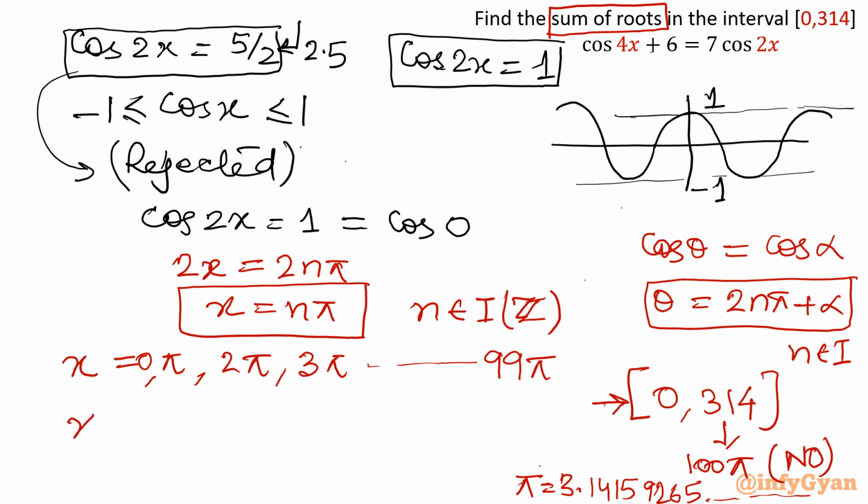So we have to find the sum pi plus 2 pi plus 3 pi up to 99 pi. 100 pi you cannot consider, it will exceed 314. Now we have to find the sum of this series.